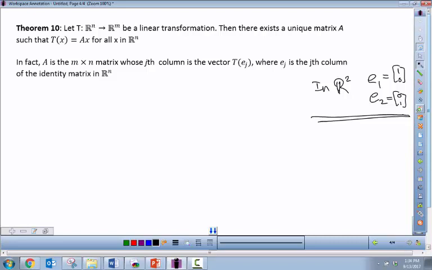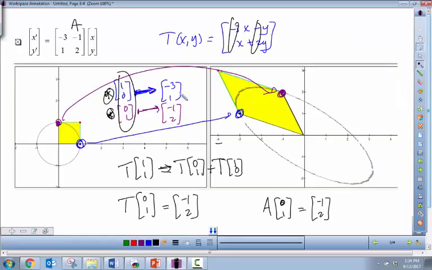Not only that, but we can easily create the matrix that deals with this. I don't know if you guys noticed that. 3, 1, -2, or -1, 2. You notice? Those are just the columns.